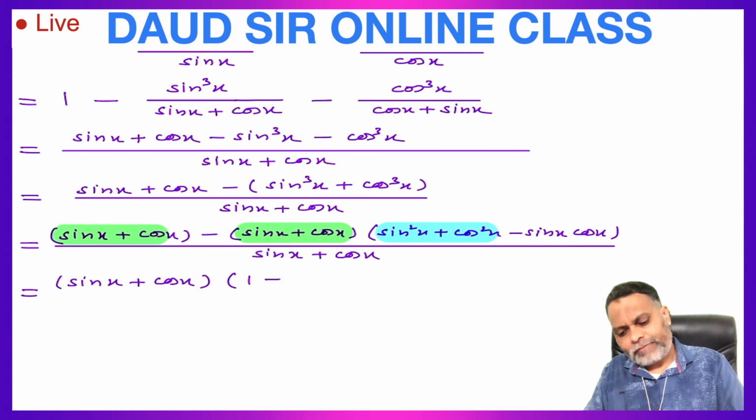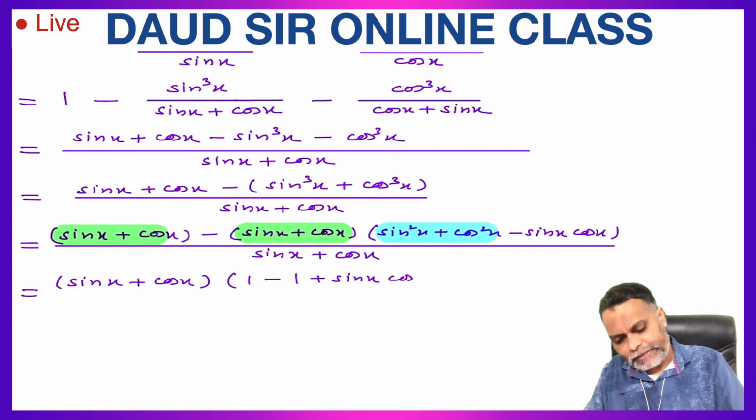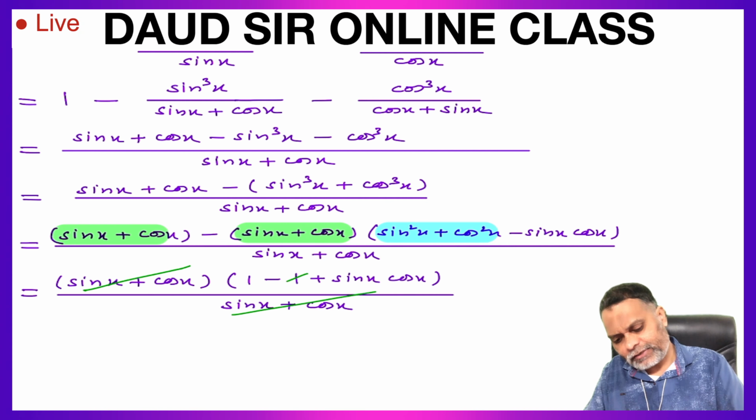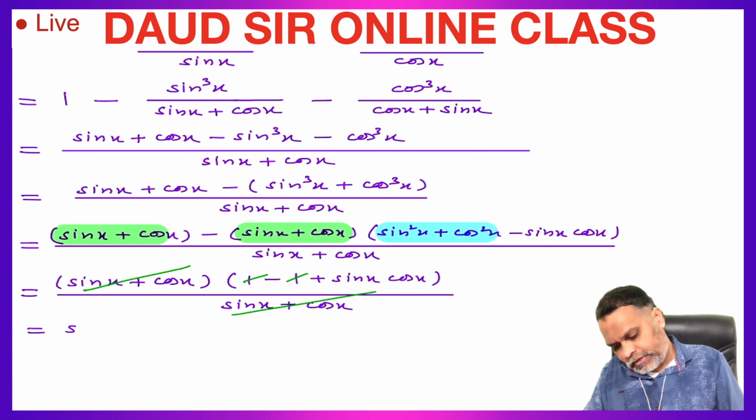So multiplying this minus sign, this is minus 1, and minus sin x cos x will become plus sin x into cos x, upon sin x plus cos x. This sin x plus cos x gets cancelled, minus 1 plus 1 cancelled. So finally sin x into cos x, which is our right hand side.